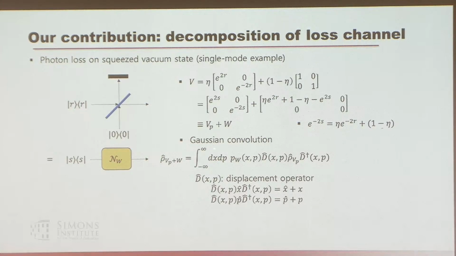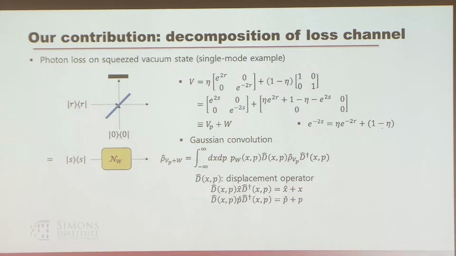When I say Gaussian convolution here, what I mean is that we already have this input state rho, and then we displace the quantum state by using this displacement operator. This action basically just changes your x and p operators by some constant determined by the input x and p. We have this integral because we are taking the integral over the normal distribution of the random variables x and p following the covariance matrix W.